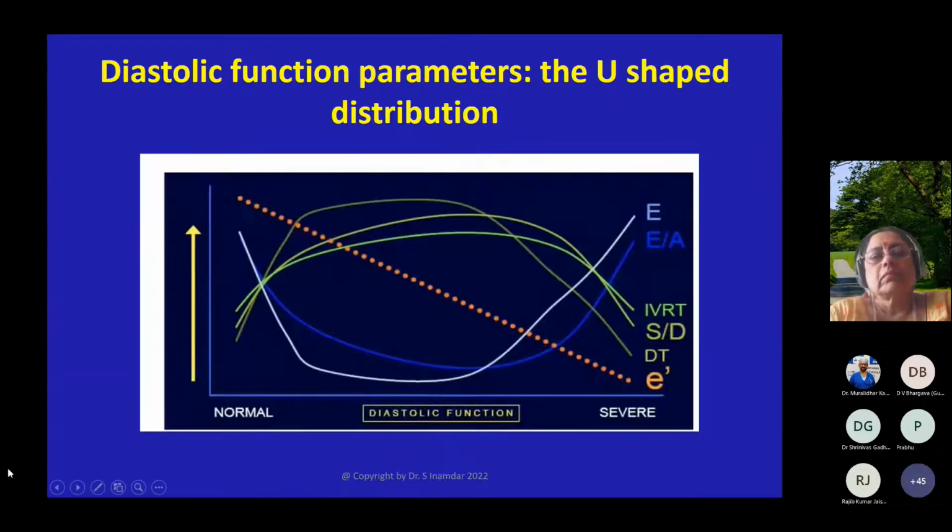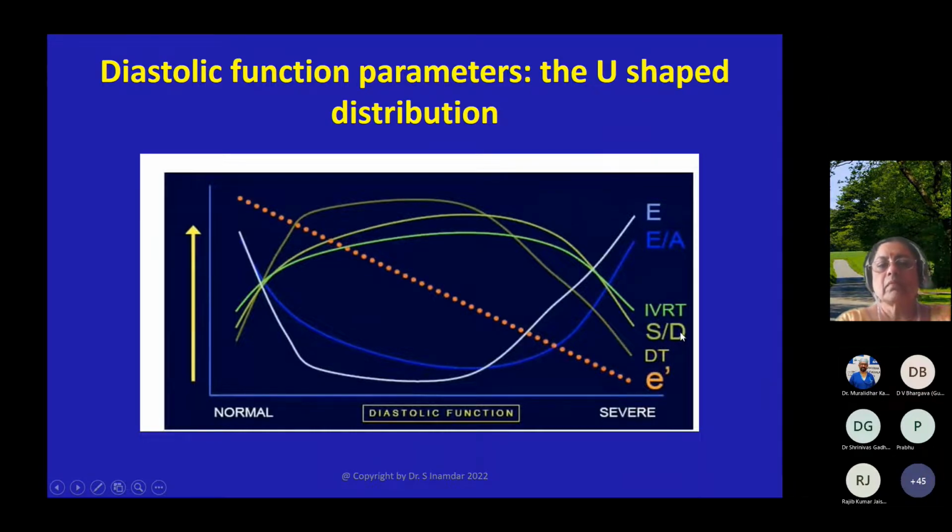So coming to the funny part of this diastology. See, this is a beautiful graph I saw: in a normal young healthy individual also there is a very tall E and small A, and in severe grade 3 diastolic dysfunction also there is a very tall E and E by A more than 2.